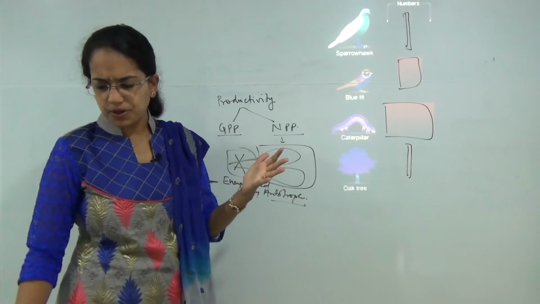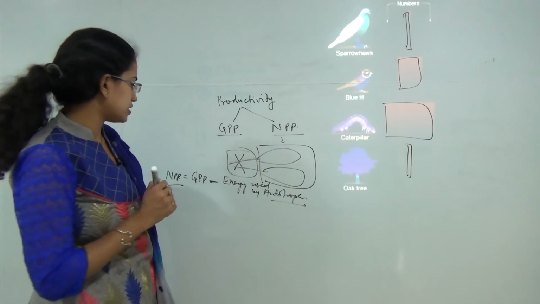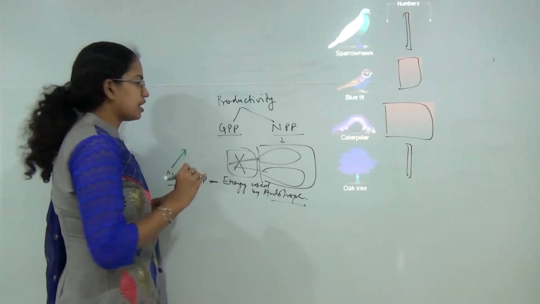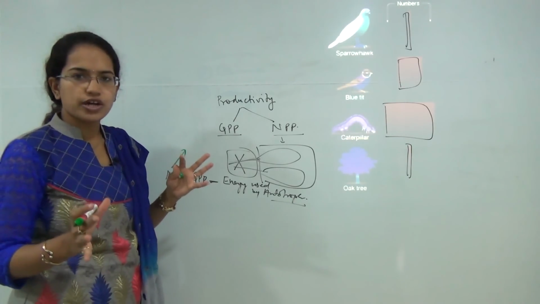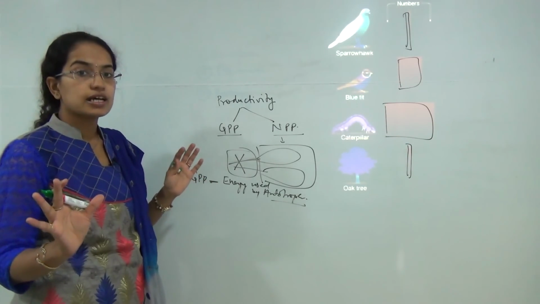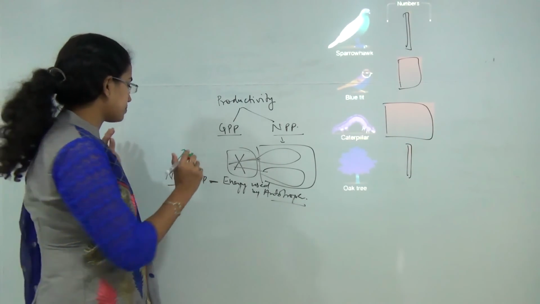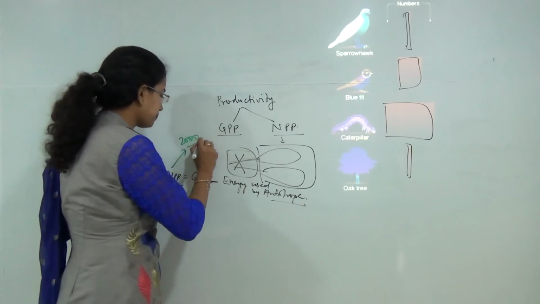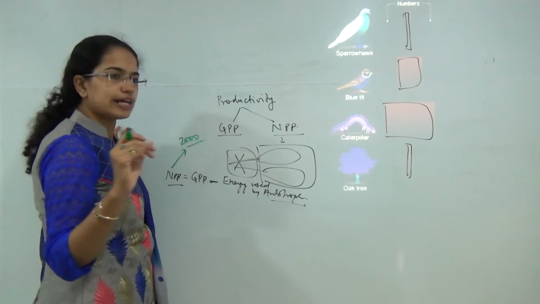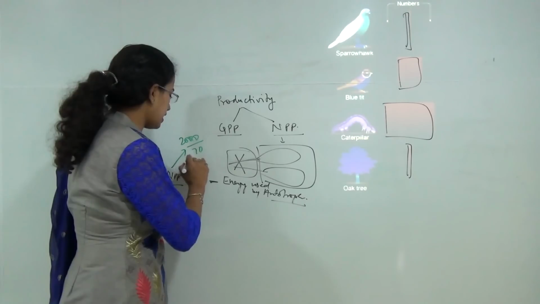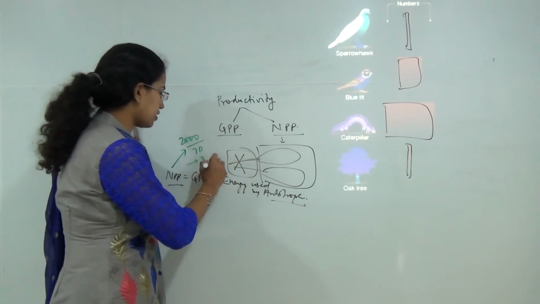Now net primary productivity varies from region to region. Usually estuarine areas, moist forest areas have very high net primary productivity of say around 2000 as compared to desert region which is around 70 and further polar regions which is around 3.